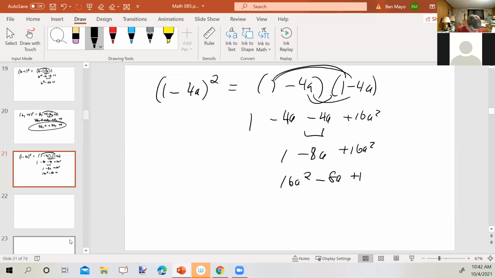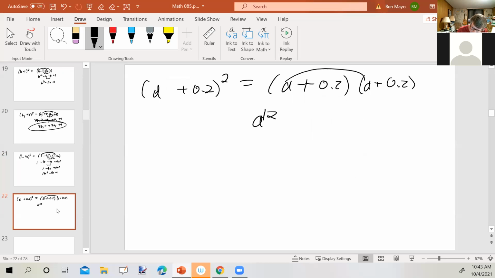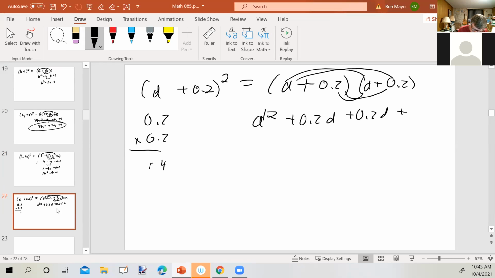Okay, but this one, d plus 0.2, the quantity squared. So that's d plus 0.2 times d plus 0.2, which is d squared plus 0.2d plus 0.2d plus, let's see, 0.2 times 0.2 would be 0.04, right?